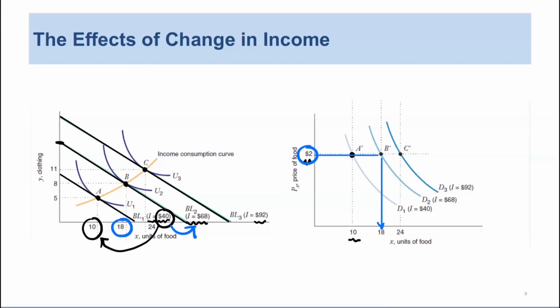And if we increase one more time from 68 to 92, optimal consumption increased from 18 to 24, with the price of good X being fixed. So changes in income move our demand curve rightward, this way.